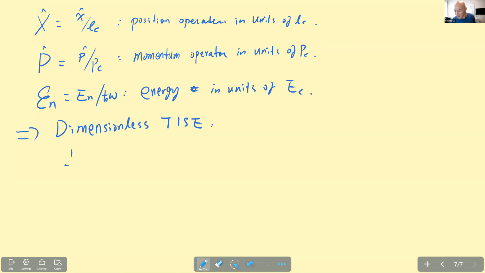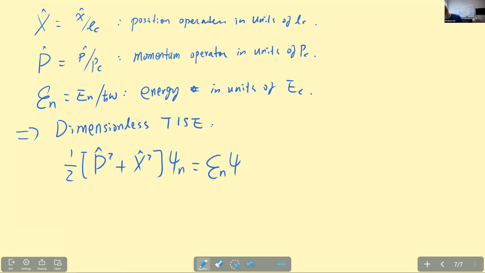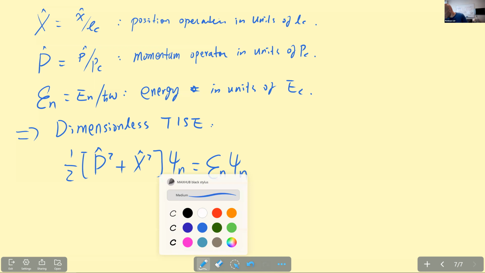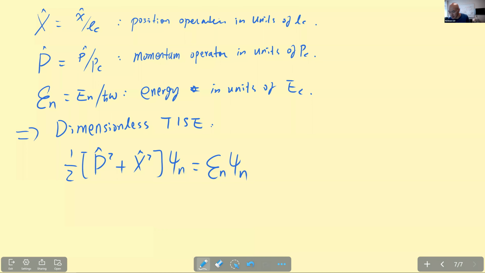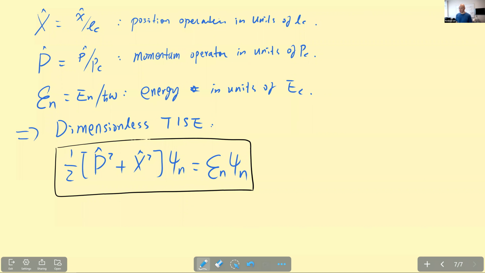That is 1/2 p squared plus x squared, okay? So this one is, right, it's beautiful, symmetric.